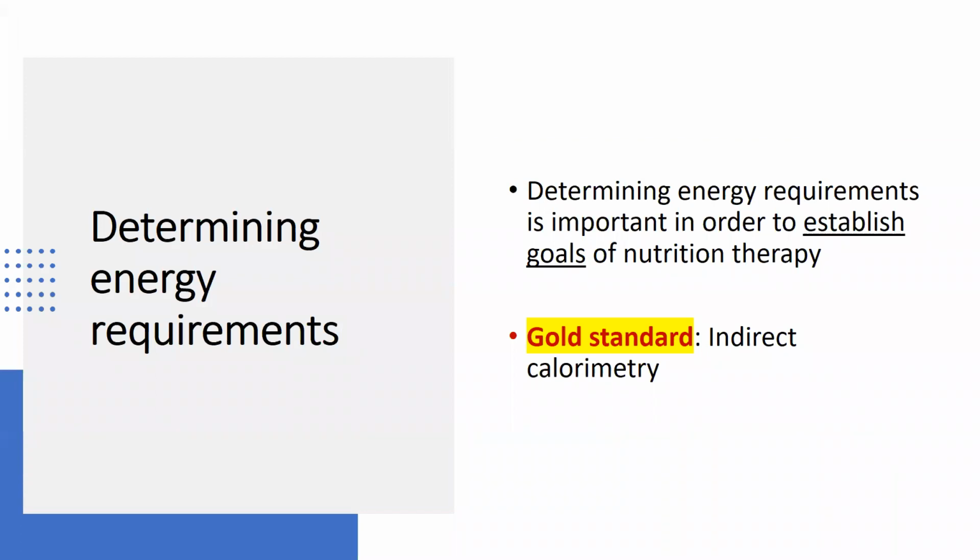So how do we determine your energy requirement? It's important to establish this goal, because when you're prescribing nutrition therapy, you want to understand what that goal target is. The gold standard for measuring energy requirements is actually indirect calorimetry. Does anybody want to take a guess at how many ICUs across the world actually have indirect calorimetry?